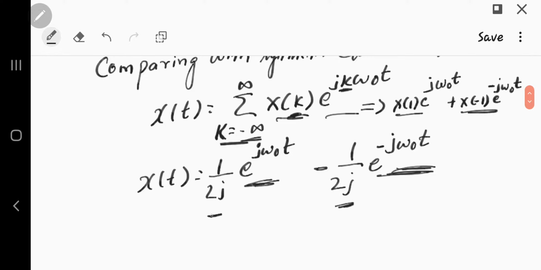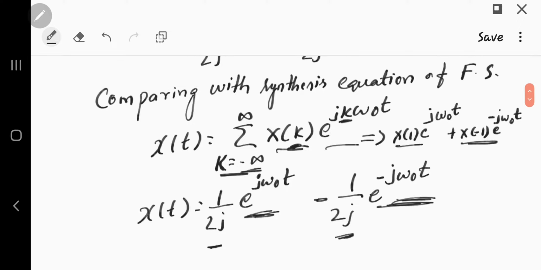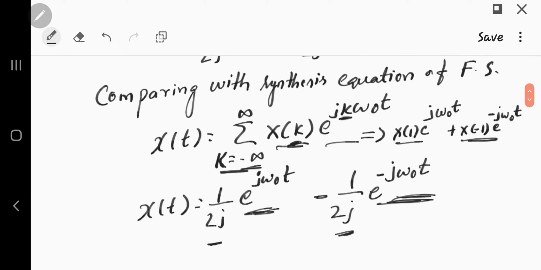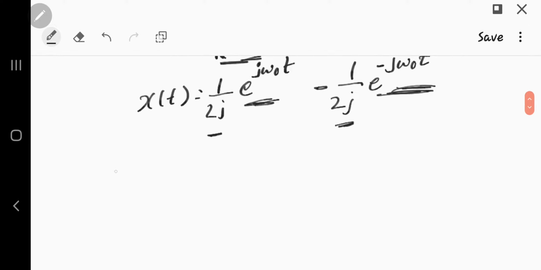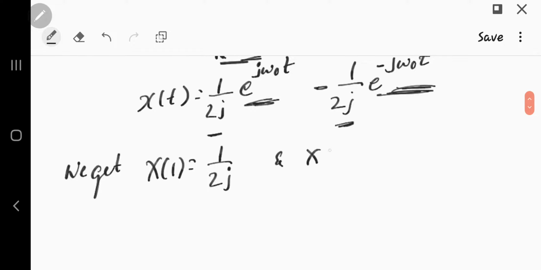In place of x of 1, we have 1 by 2j, and in place of x of minus 1, I have minus 1 by 2j, and the remaining is the same. So while directly comparing this with the synthesis equation, we get the values of x of k, that means for which values of k it is present. Based on this, we get x of 1 is equal to 1 by 2j, and x of minus 1 is equal to minus 1 by 2j. Apart from these values, for the other values of k there is no signal existing.